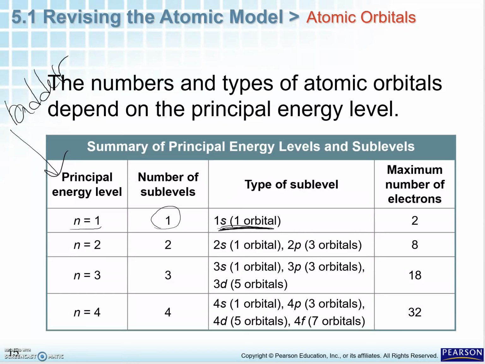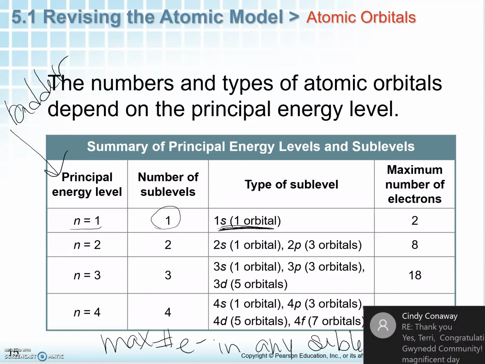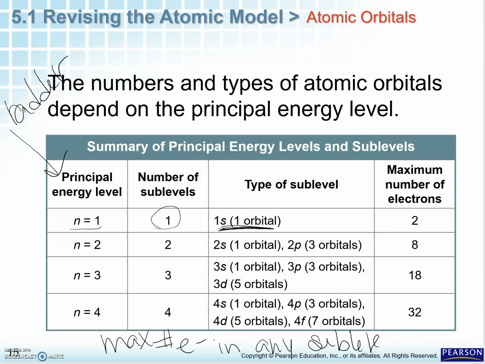Now, the max number of electrons in any sublevel is going to equal 2 electrons every time. So since we only have one sublevel here, you only get 2 electrons.